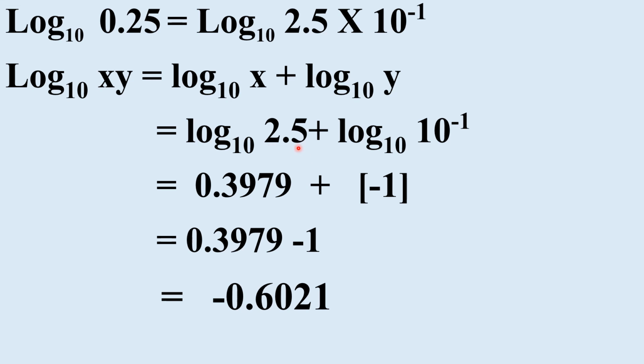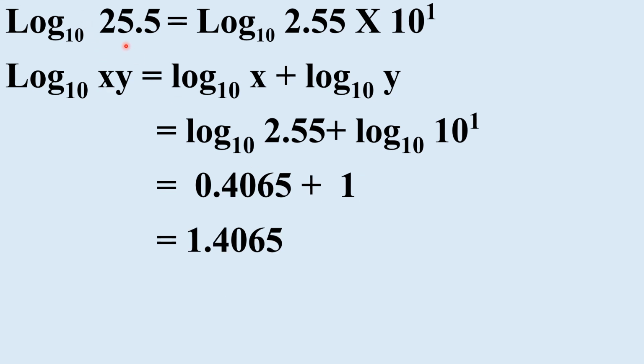The value of log 2.5 is 0.3979, and the value of log 10 raised to the power minus 1 is minus 1. So work out this one, you will get minus 0.6021. The value of log 0.25 is minus 0.6021. Log 25.5 has to be written in the form of log of 2.55 into 10 raised to the power 1.